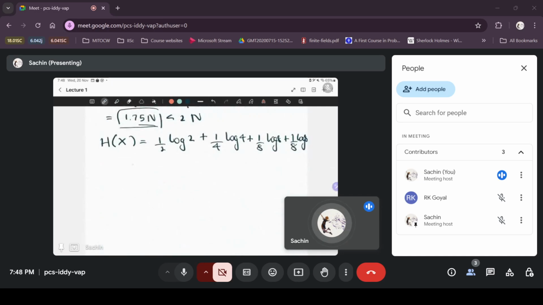And this quantity will be half plus log 4 is 2, 2 over 4, plus log 8 is 3, 3 over 8 plus 3 over 8, which will be 1.75.